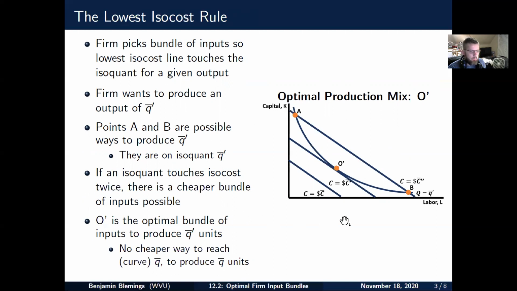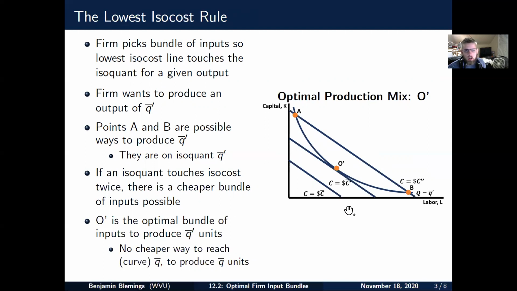And so the cheapest way to produce Q bar prime is to use this O prime combination of labor and capital that sits just on this C bar prime isocost curve. And there's no cheaper way to produce Q bar prime units than O prime.